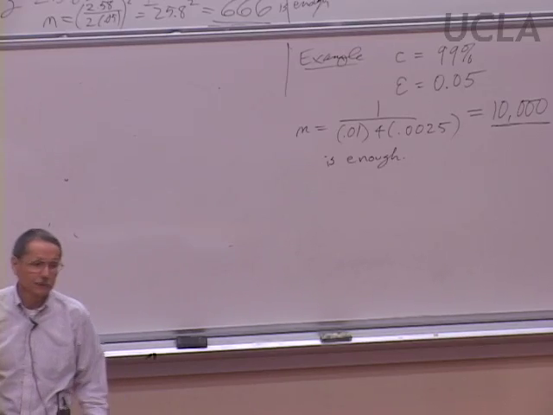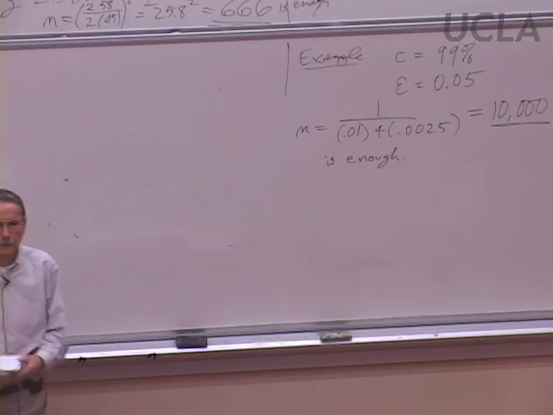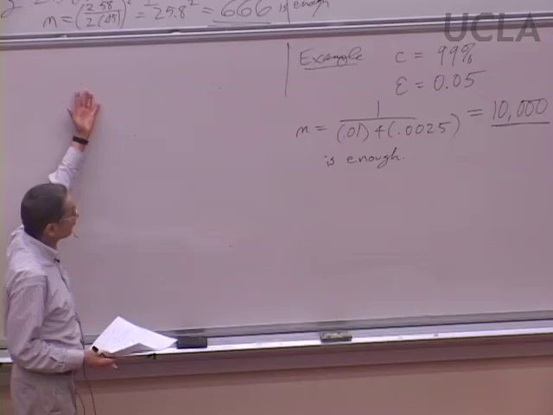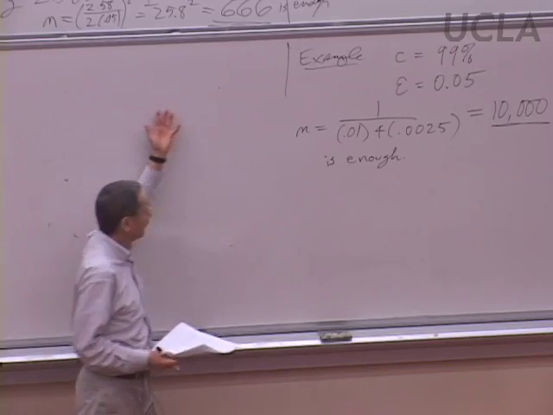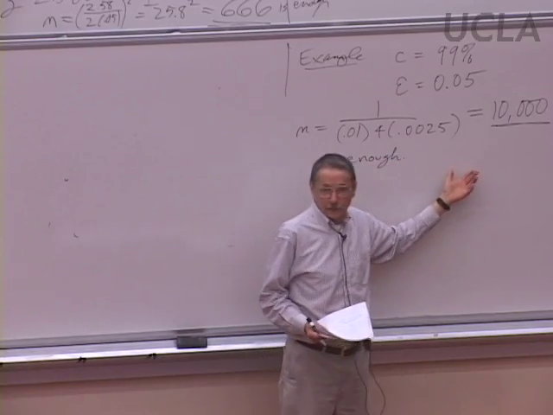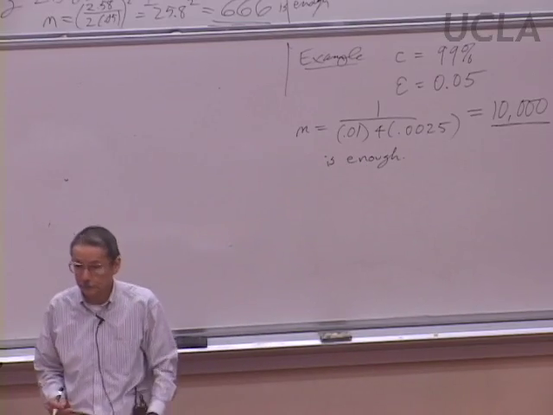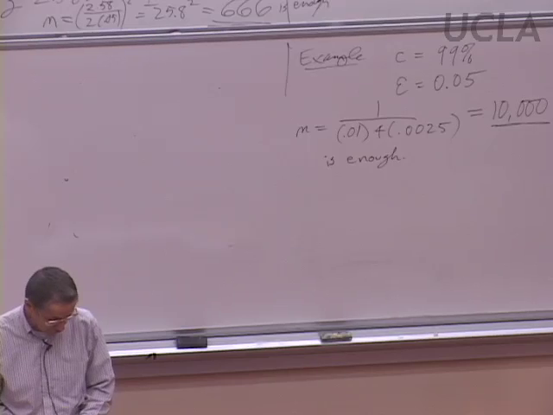And if you're asking NIH for a grant to do this study, they would much rather fund a study of size 666. The central limit theorem is a much sharper tool and gives a sharper bound for how many people you have to survey than Chebyshev's inequality gives.